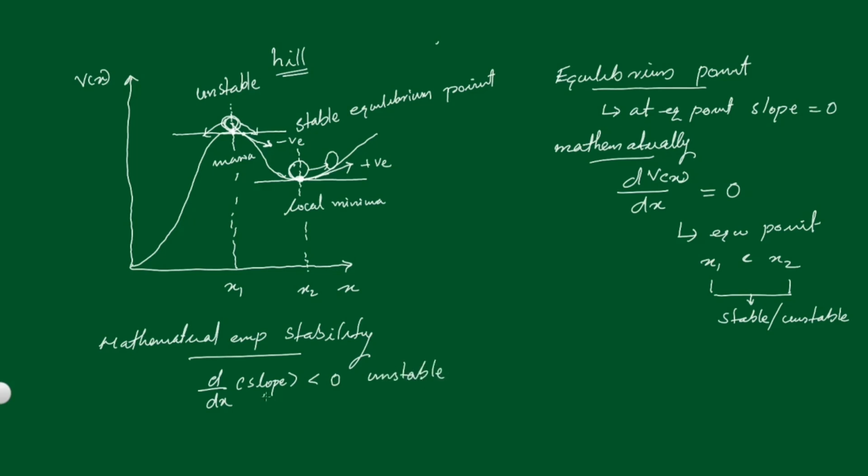And here we know what the slope is. Slope is dv by dx. So in pure mathematical form, d square by dx square of v of x, if it is less than 0, then it will be an unstable equilibrium.